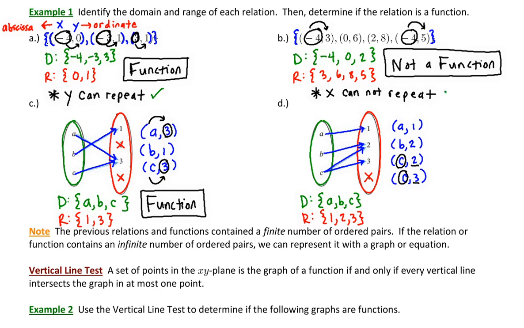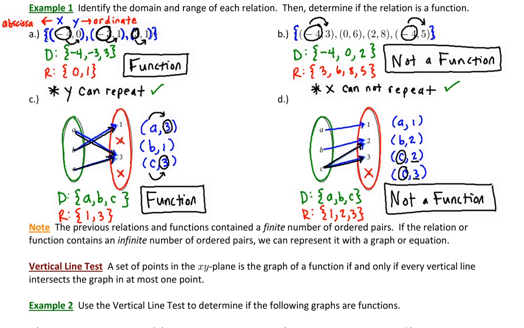As you recall, the x cannot repeat in a function, so this is not a function. You can also diagnose this directly from the mapping if you notice that you have 2 arrows coming out of C, whereas in our first example, we only had 1 arrow coming out of each element of the domain.